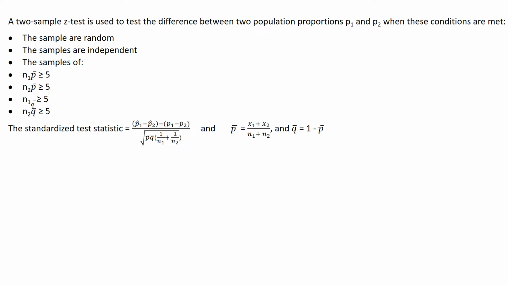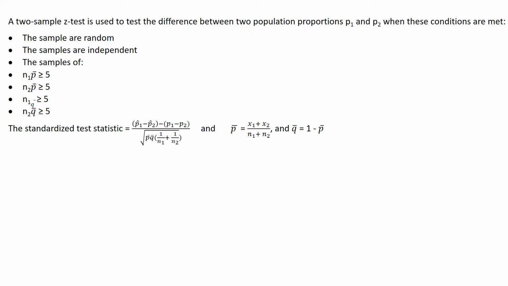And what we're looking at here is basically finding the difference of the p hats, which is the sample p, divided by the square root of the population p and the population q, which is 1 minus p, times 1 over the number of samples for the first group plus 1 over samples for the second group.